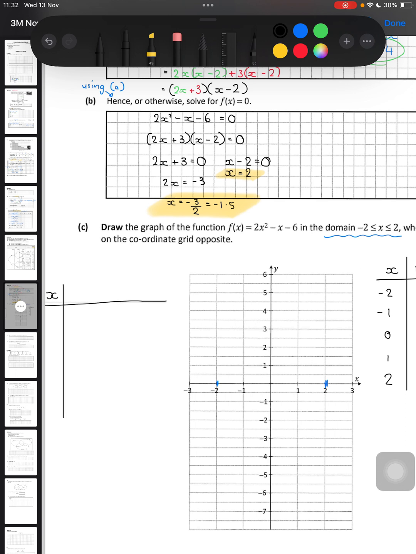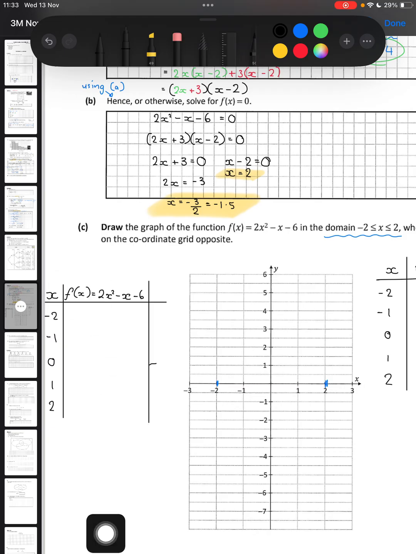For all these different x values, -2 all the way up until 2, because that's what they told me the domain was, we sub in for whatever we say x is. We sub in this equation with all my different values of x to get the corresponding f of x value. The corresponding f of x value is a y value. It's a y coordinate. So f of x is another way that we can say a y coordinate.